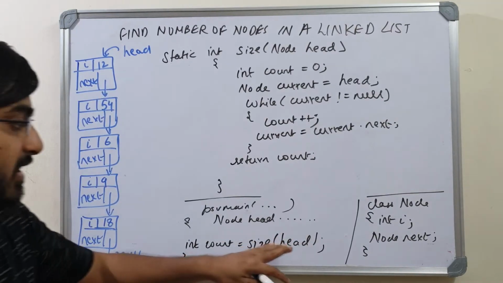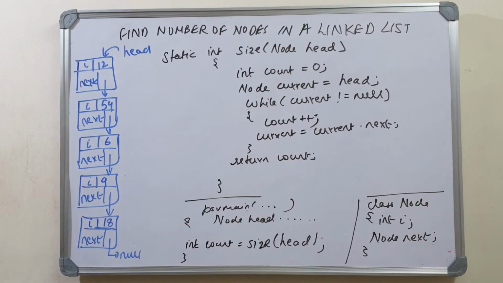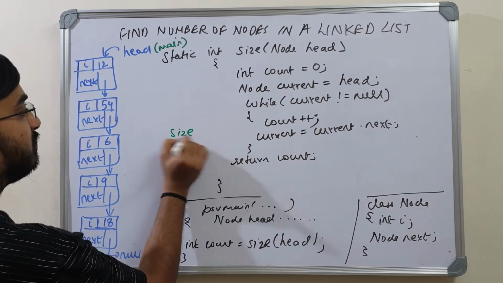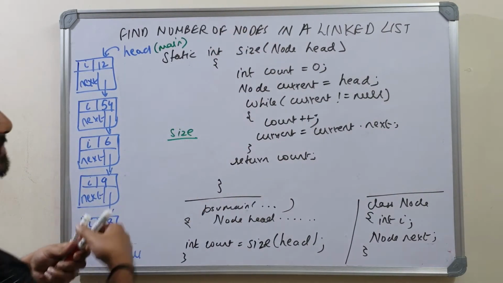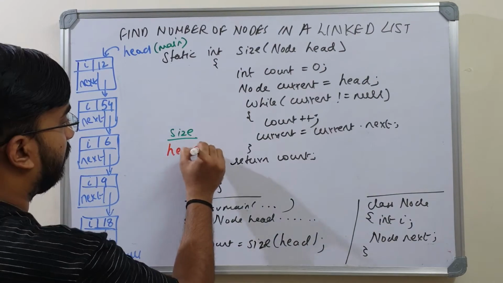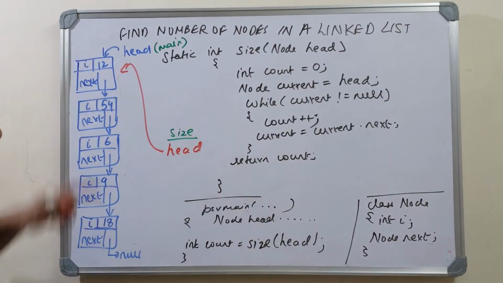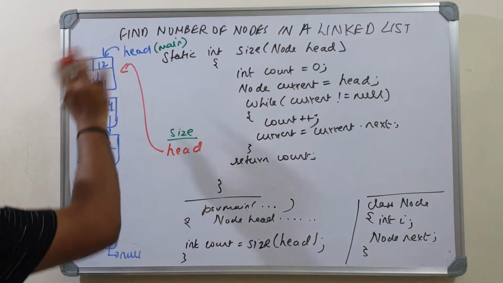And this head currently in the main points to this location, which is the head of the linked list. So this is the head in your main. This is for the values in the size method. When the control comes in this method, it has a variable head that points to this location, because this is being called from here and this head points here. So the reference to this is passed into this method. So head in the size also points here.